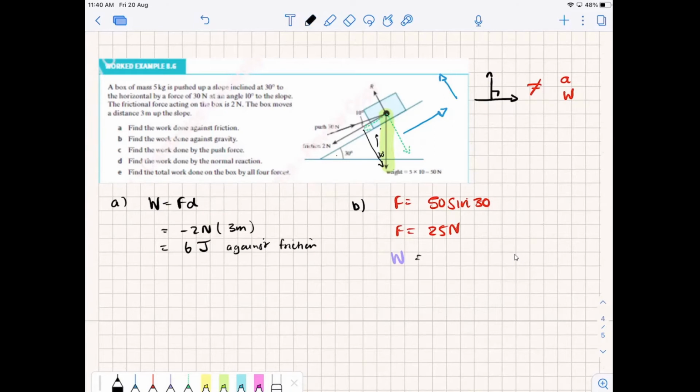In which direction is this 25 newtons acting? In the opposite direction. So it's actually minus 25 times 3. That gives me 75 joules. I'm not going to write the minus sign. I'm going to write against gravity.